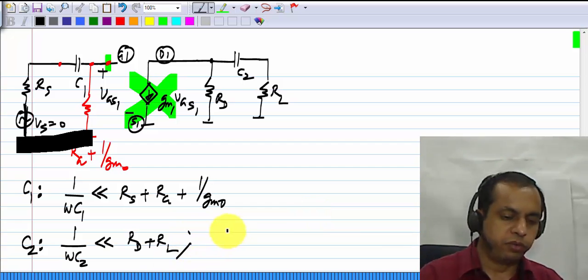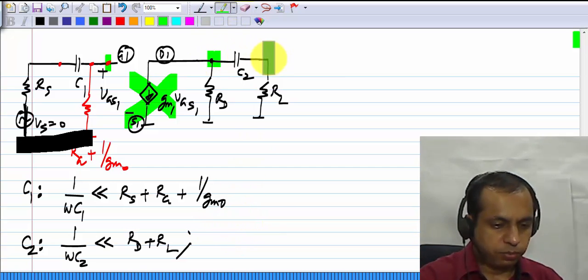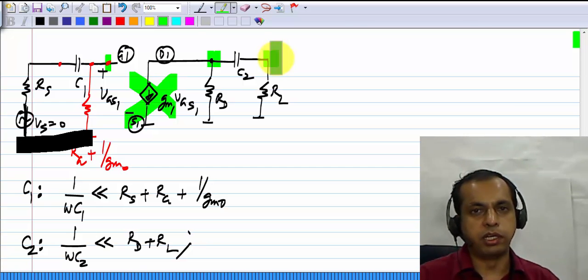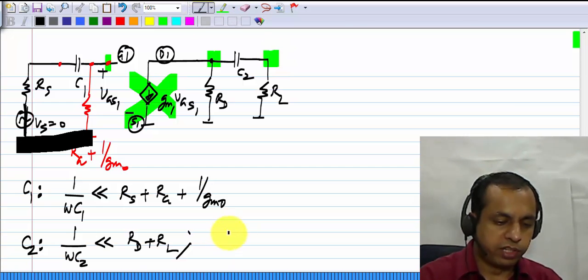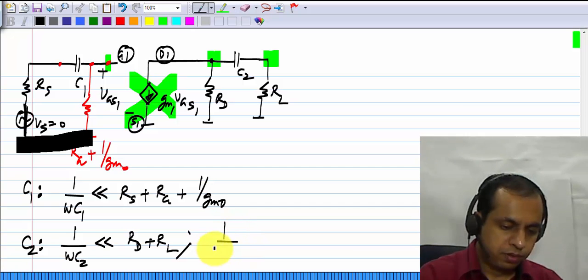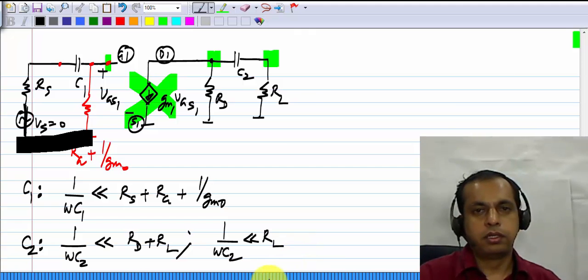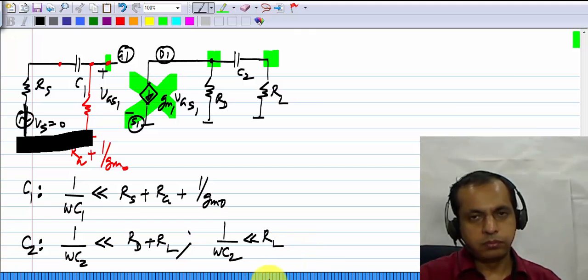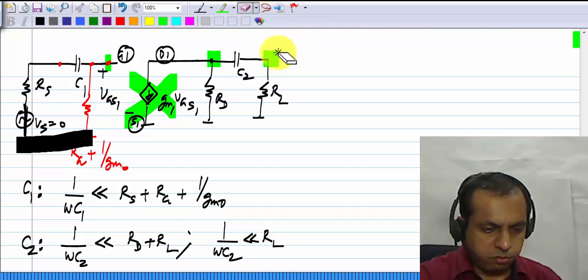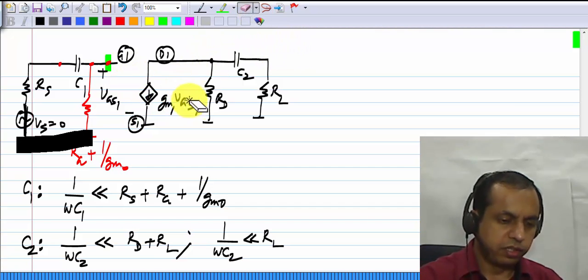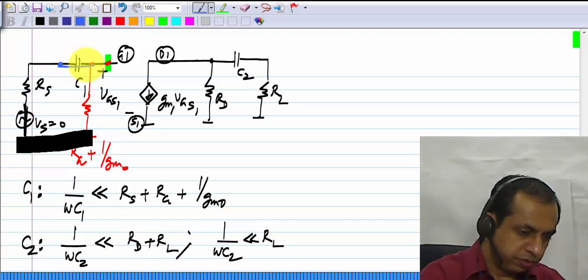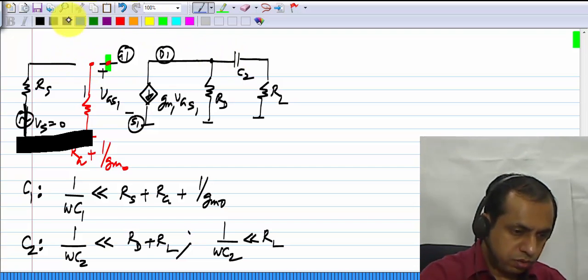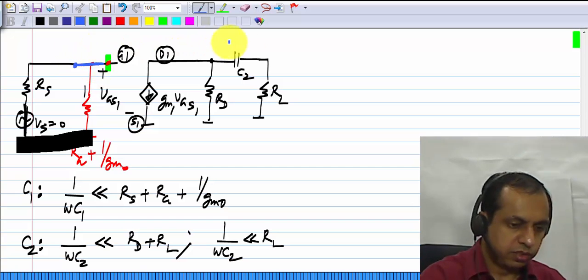There is an alternative criterion for C2, which is to make sure that this drain voltage and the load voltage are exactly the same in the incremental sense. Then 1 over omega C2 must be much smaller than RL. Now finally, if we satisfy these conditions, then we can replace both C1 and C2 by short circuits.